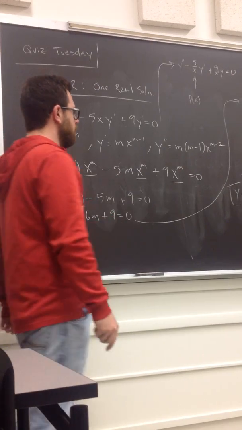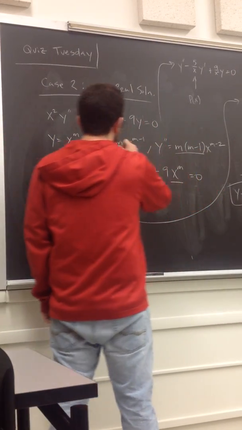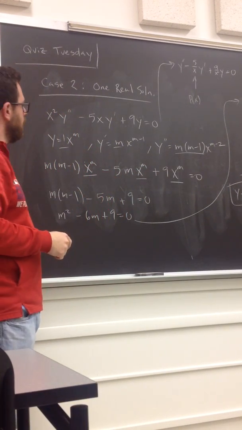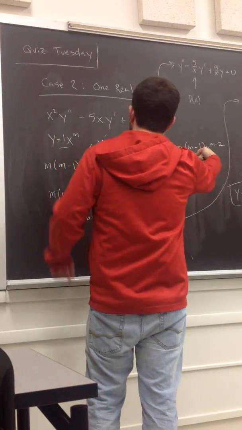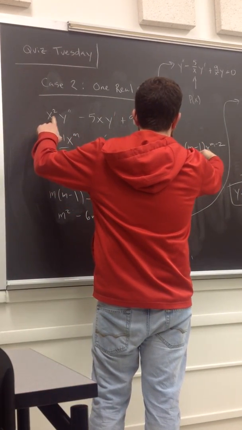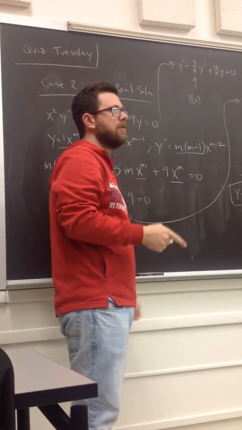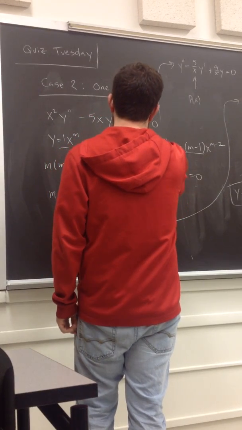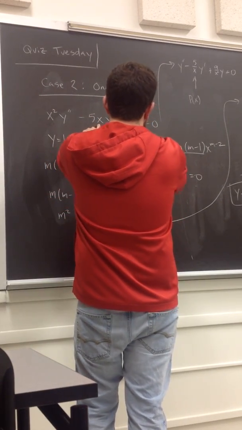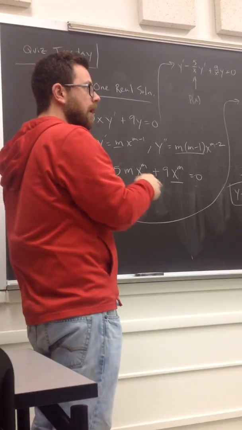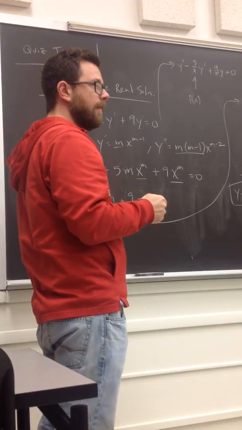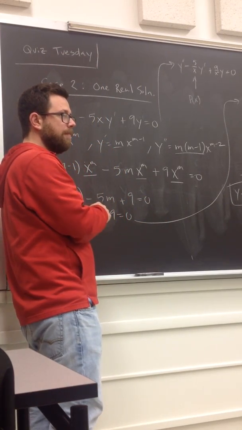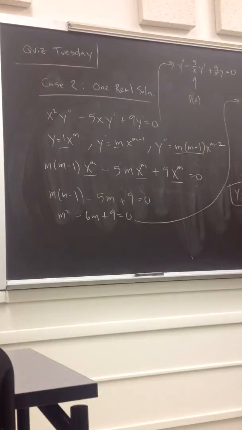All that we're really interested in are these coefficients. I'm going to multiply x squared times x to the n minus 2, which is x to the n minus 2 plus 2, x to the n. Same thing here: x to the n minus 1 multiplied by x to the first power, x to the n minus 1 plus 1, back to x to the n. Make sense? If it doesn't happen, something went wrong. This should always happen. Other questions?